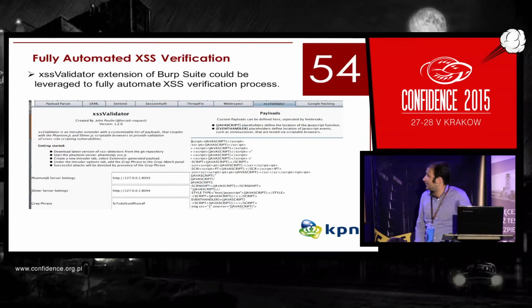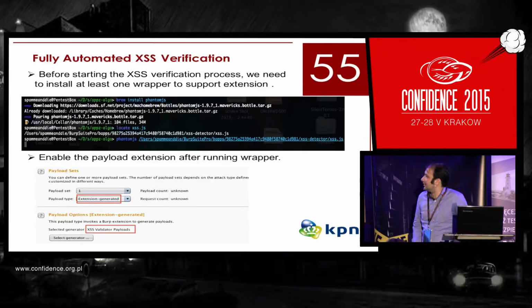One of my favorites is the XSS Validator plugin, where you run JavaScript on a server. It simply sends your payload to the server, and the extension generates a validator payload.